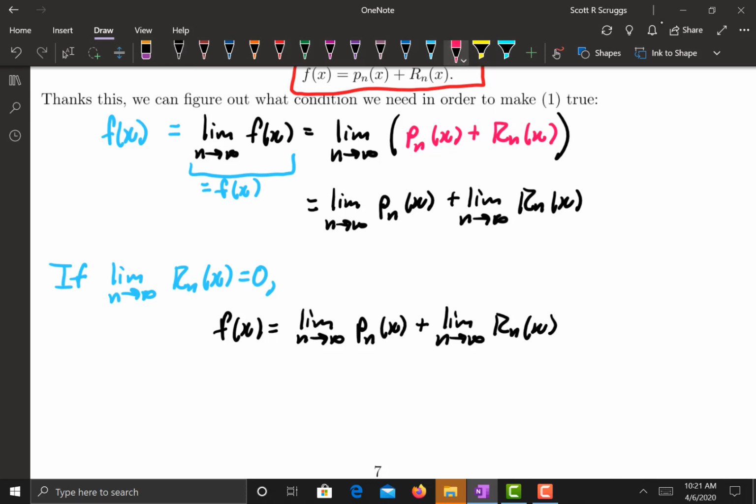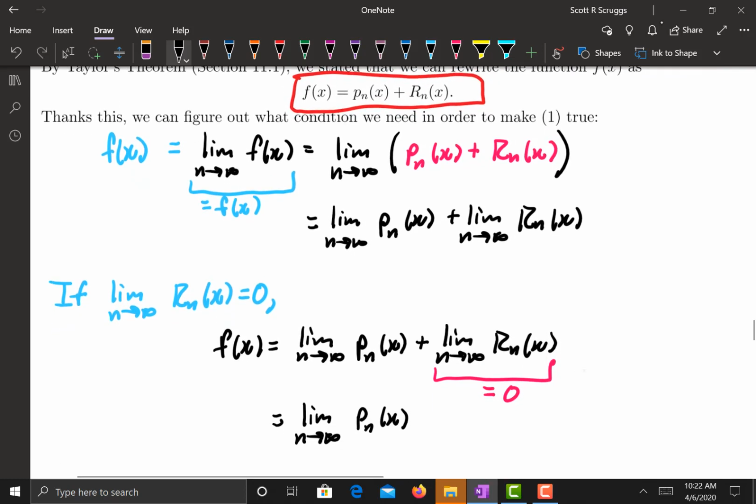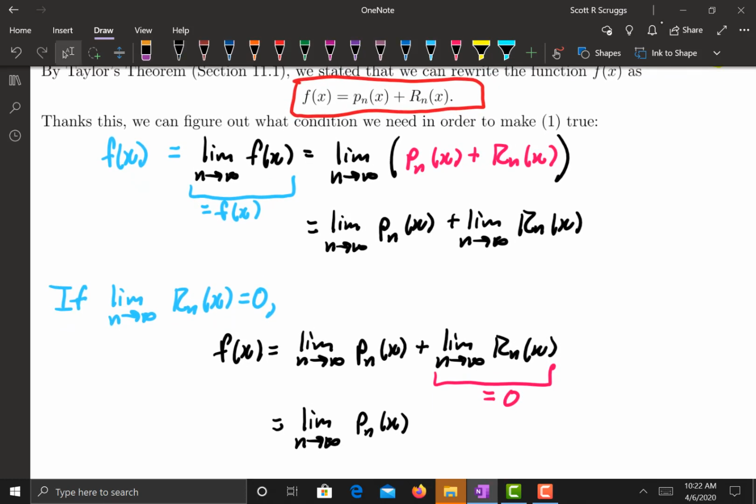Because I am now saying I already know a priori that that limit is 0, I get the condition that I want, which is the limit as n goes to infinity of the nth order Taylor polynomial. Which implies that in order for me to say that a function is equal to its Taylor series, I need to have the remainder go to 0.